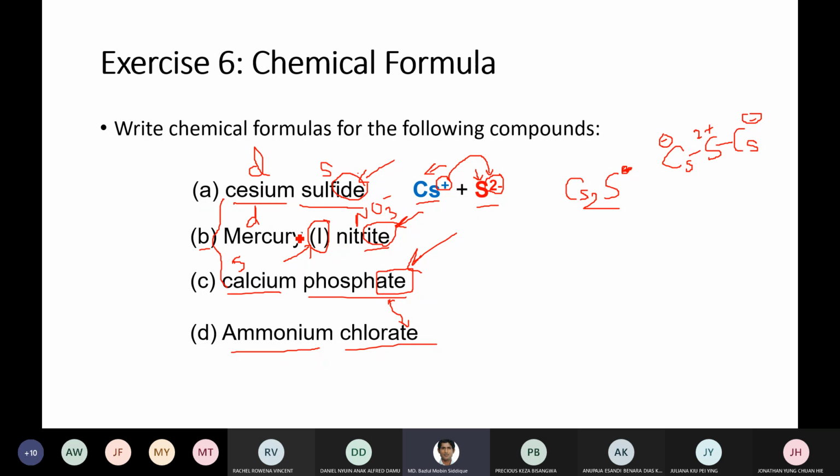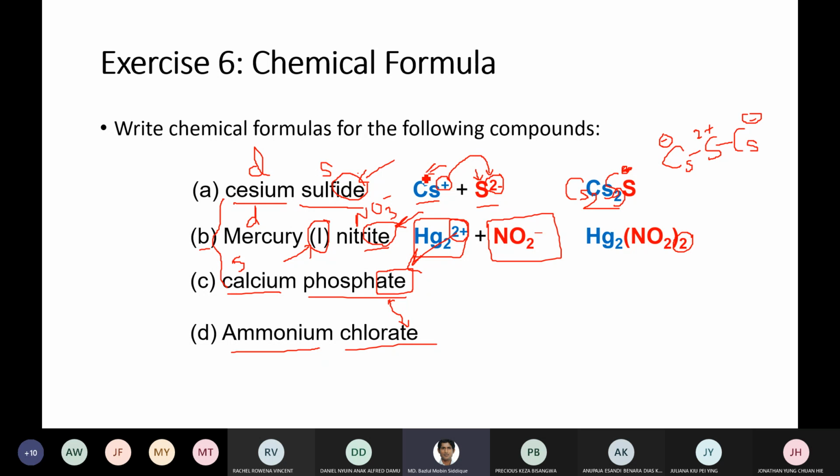Mercury nitrite. Again, mercury has 2 positive charges, and nitrite has 1 negative charge. So there will be 2 nitrite to neutralize the 2 positively charged mercury. That is why this 2 is shown here.